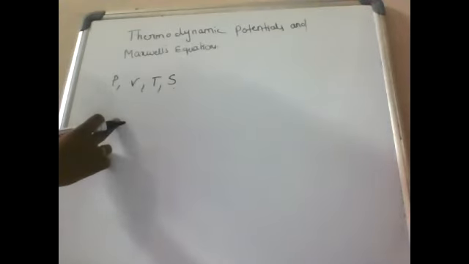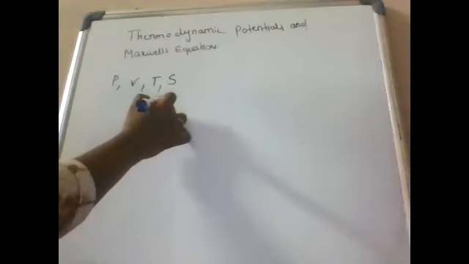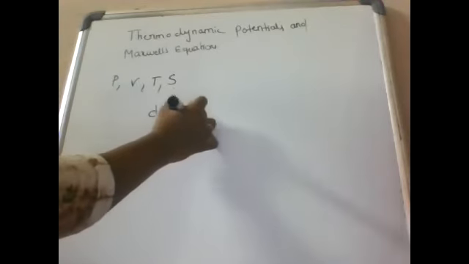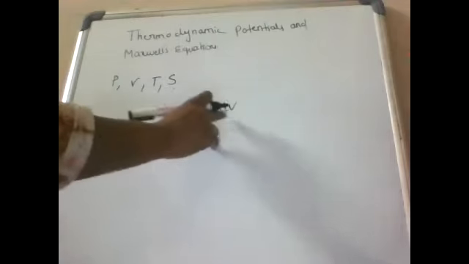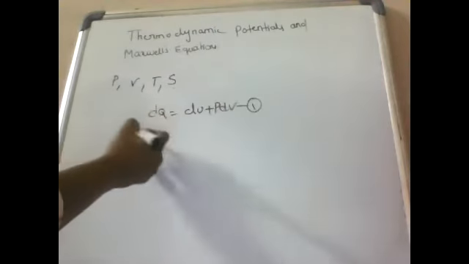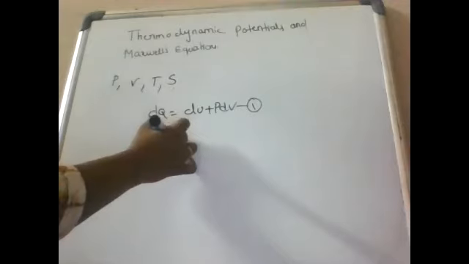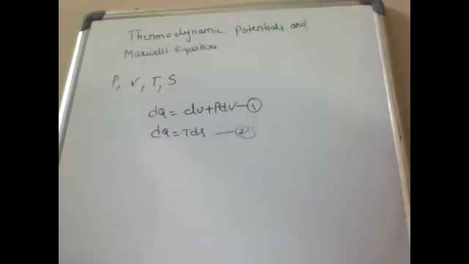The first and second laws of thermodynamics provide two relations, expressed as dq equal to du plus pdv. Here dw is the work done from the indicator diagram, P dv. This is the thermodynamic first equation. The thermodynamic second equation is dq equal to T dS.